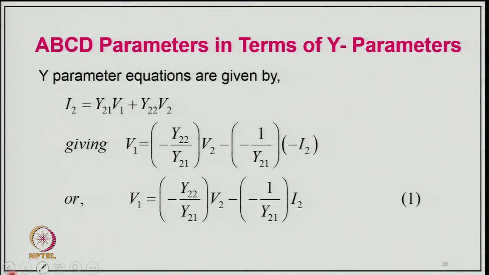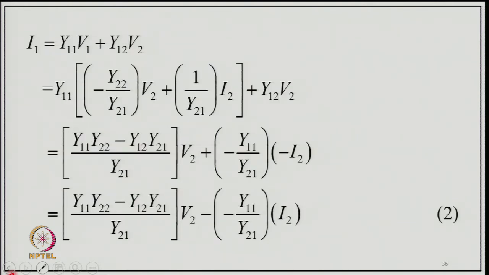The second equation of the Y parameters is I1 = Y11 V1 + Y12 V2, from which we can substitute the value of V1.